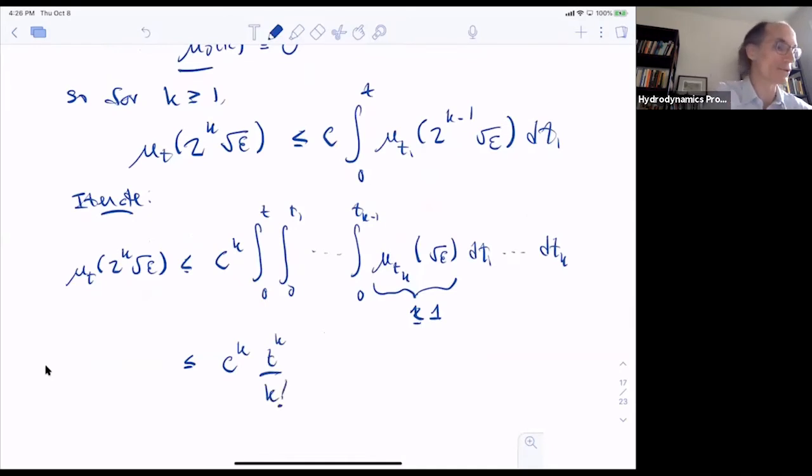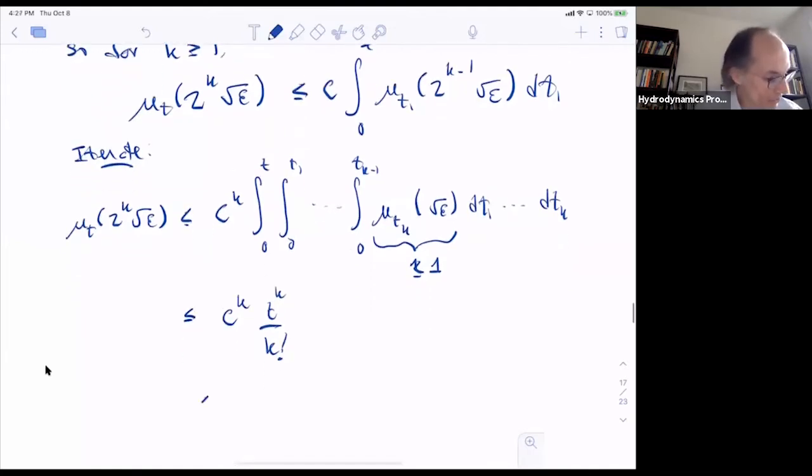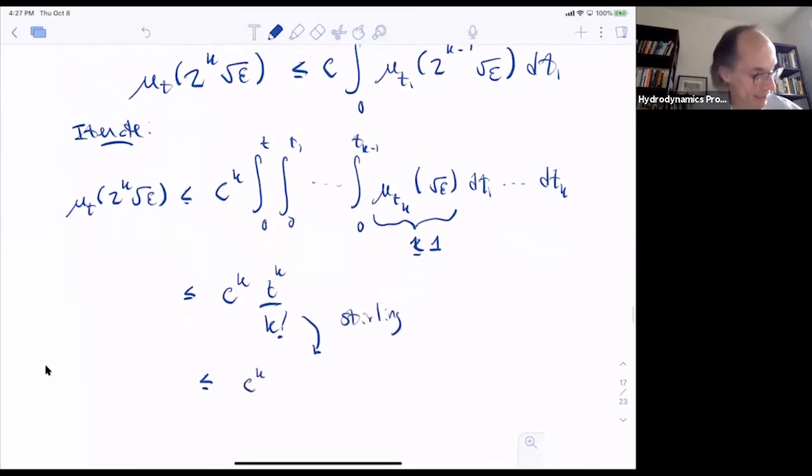Okay, and now I want to use Stirling's formula, if I can remember it. That will give me, I believe, c to the k times t to the k times e to the k over k to the k plus 1/2.